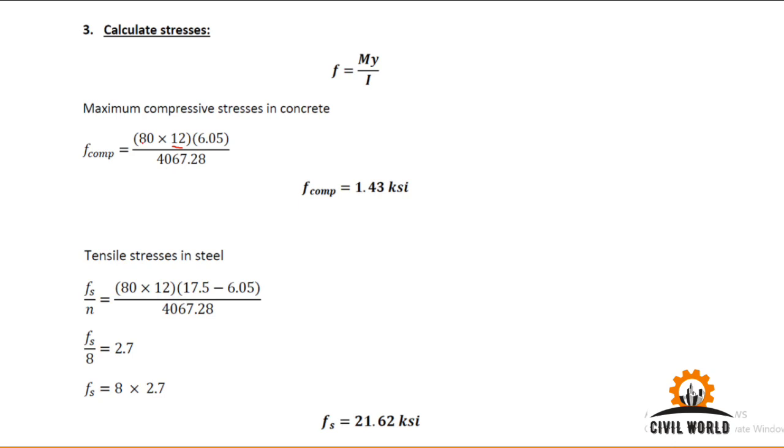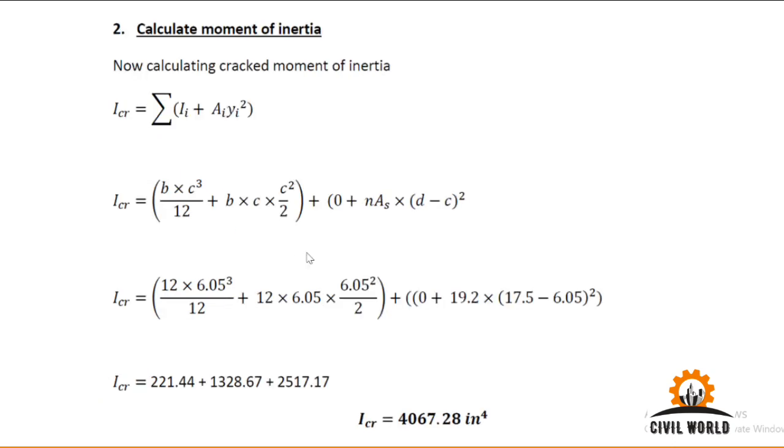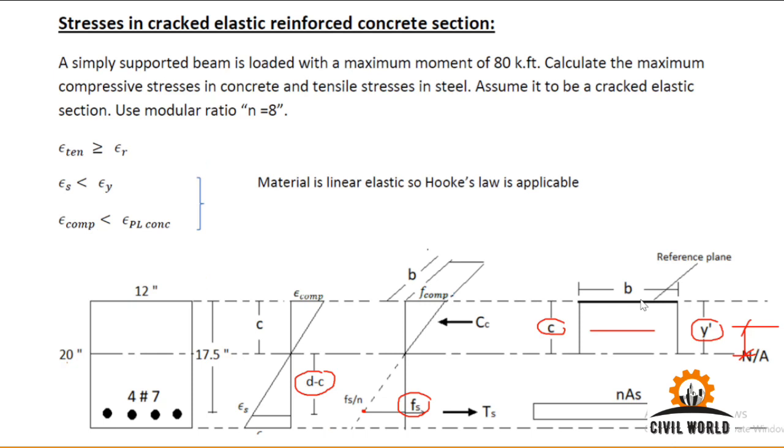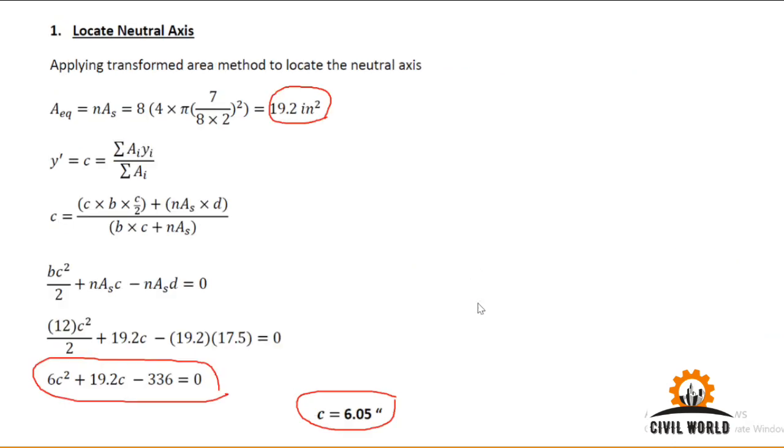So this is M. The distance of the topmost fiber from the neutral axis is 6.05, where you will have maximum compressive stresses in concrete, which we already calculated.